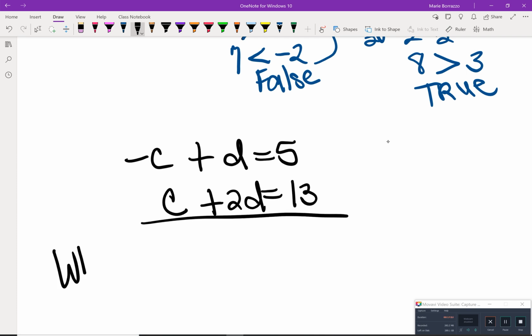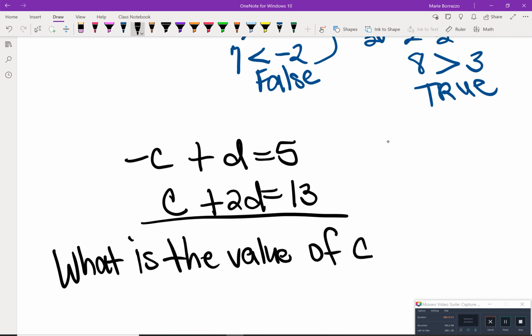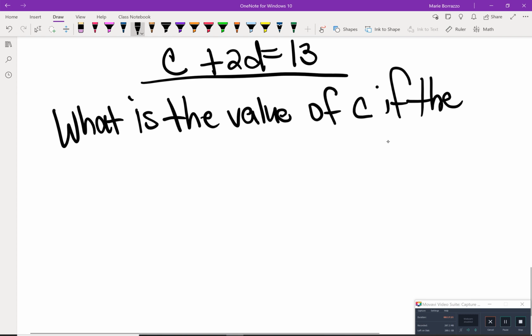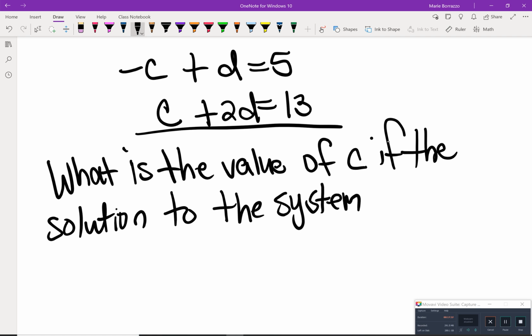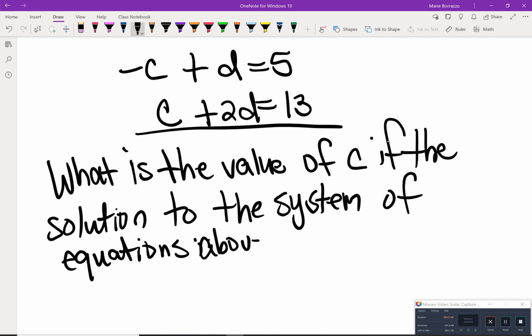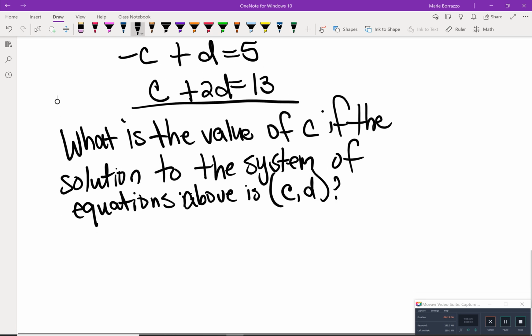And then they ask you, what is the value of c if the solution to the system of equations above is c comma d? All right, so basically they're just asking you to solve for the system.